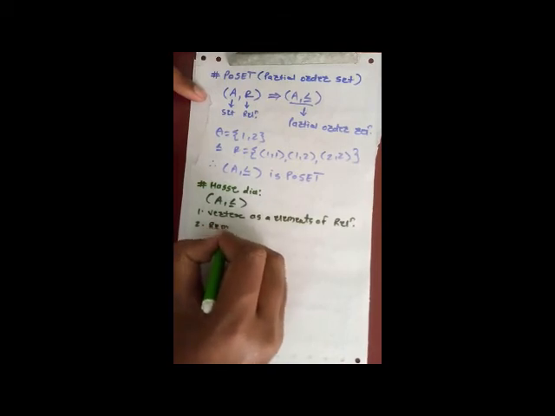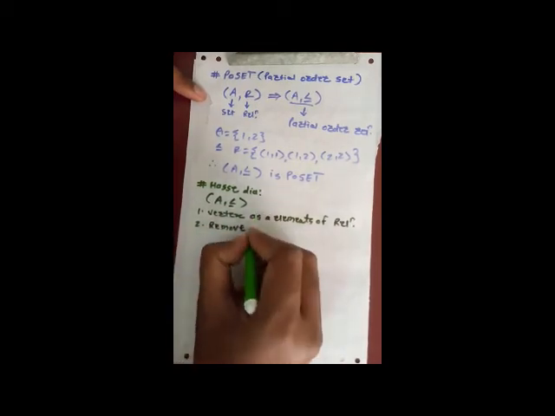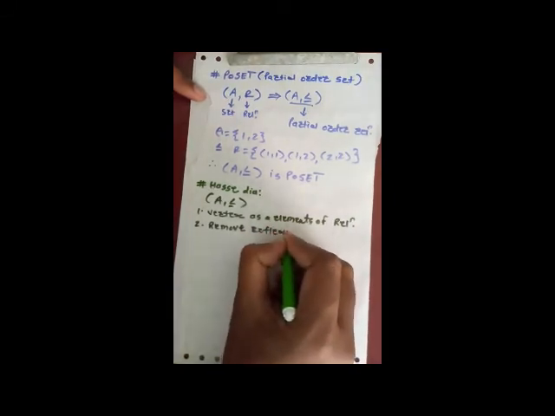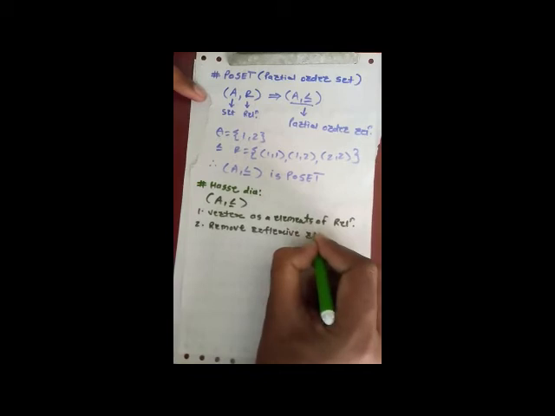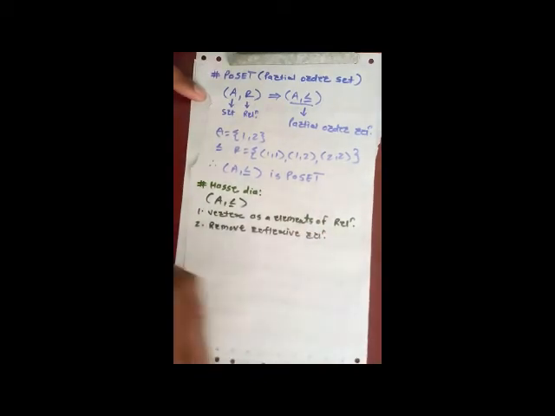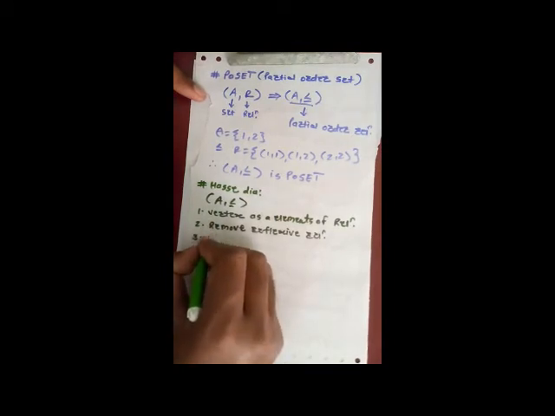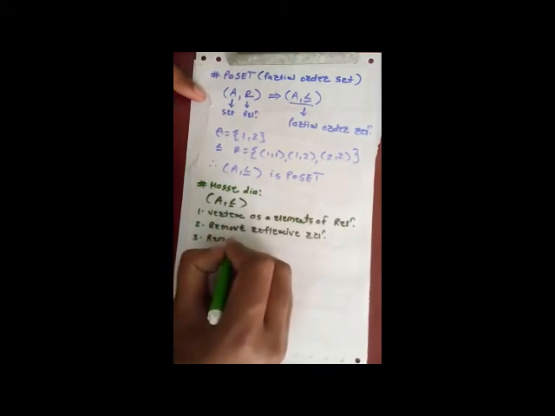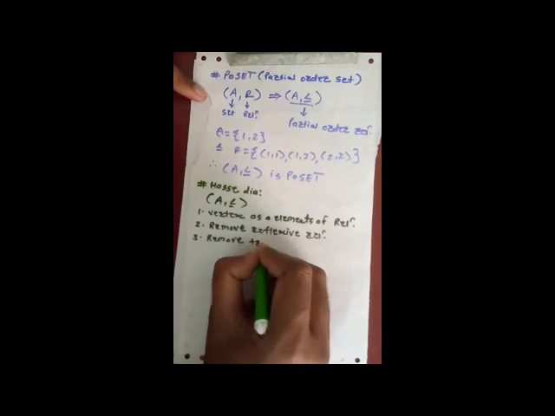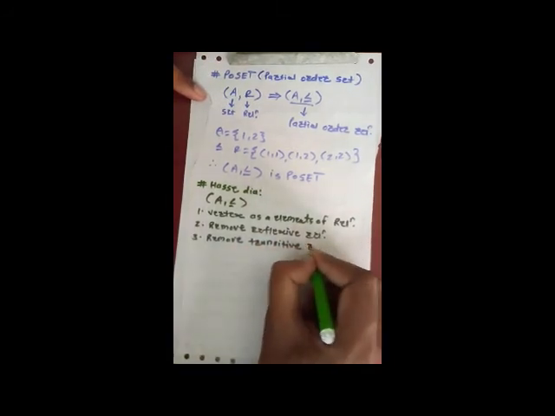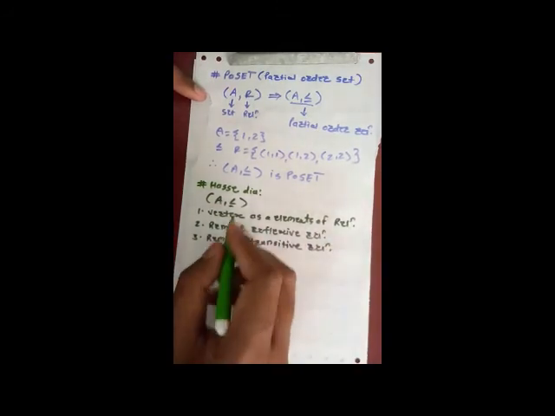Second, remove the reflexive relation. Third, again remove the transitive relation from the diagram.